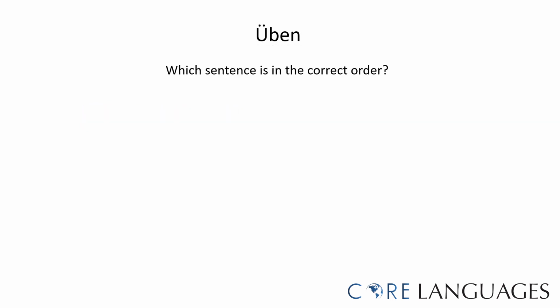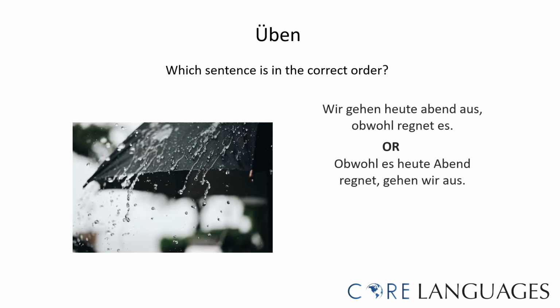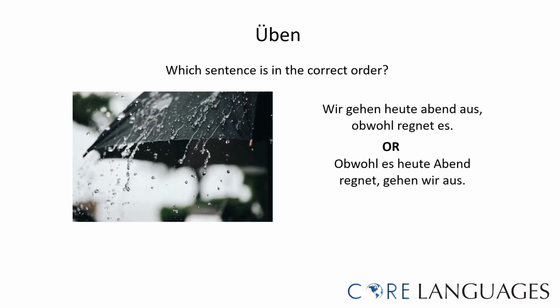Let's practice. Üben wir. Choose the sentence with the correct word order. Wir gehen heute Abend aus, obwohl regnet es. Or, obwohl es heute Abend regnet, gehen wir aus. The correct sentence is, obwohl es heute Abend regnet, gehen wir aus.